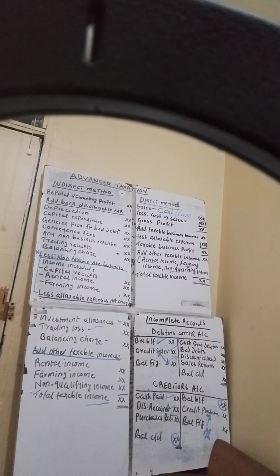We have a list of, as I told you, when you are studying taxation of any business, be familiar with expenses which are taxable, allowable, and the ones which are disallowable.